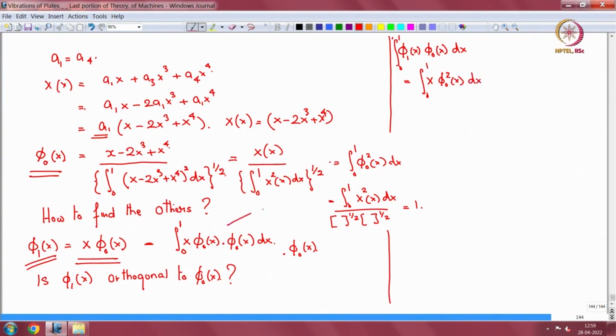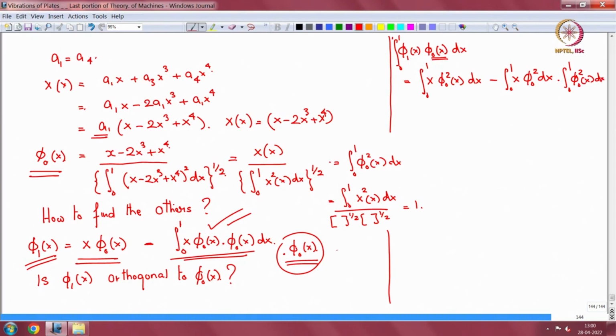I have this term also, so minus integral 0 to 1 x phi 0 square dx into, this is a function of x, so I have integral 0 to 1 phi 0 square dx.